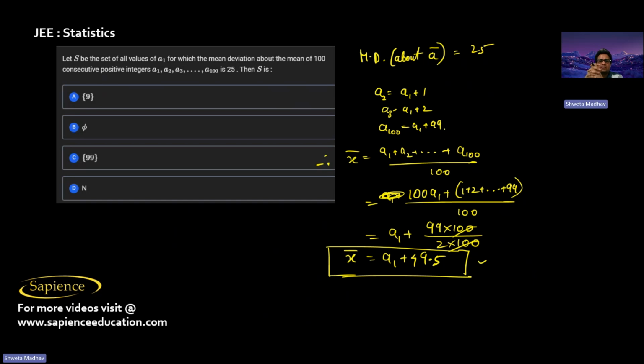1 plus 49.5, which is A bar. Then S is... The mean deviation about the mean of 100 consecutive positive integers is 25. So this value is 25.